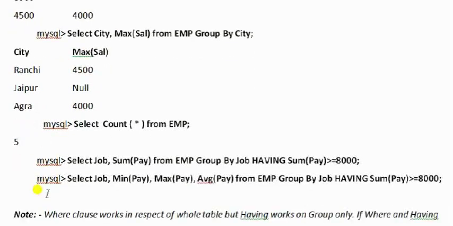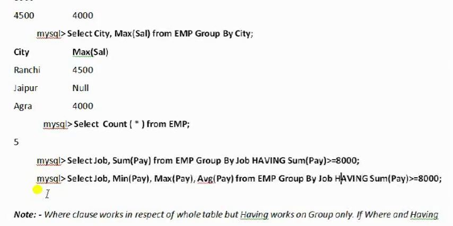Select count from EMP, so maximum 5 records. Now select job, sum of pay from EMP group by job having sum of pay greater than or equal to 8000. So it is the same case, but while you are giving a condition in the case of group by clause, we write the condition using having instead of where.